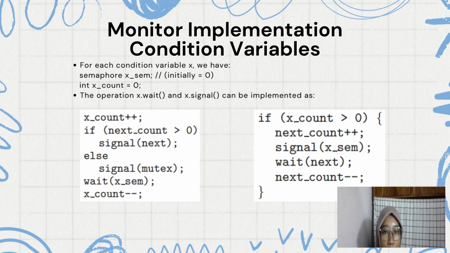For each condition variable x, we have semaphore x_sem initially 0 and integer x_count equal to 0. The operations x.wait and x.signal can be implemented as that code.